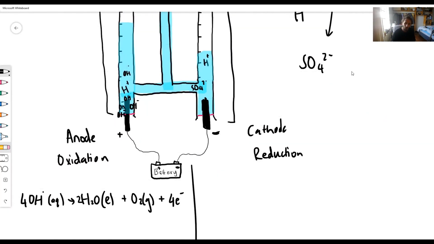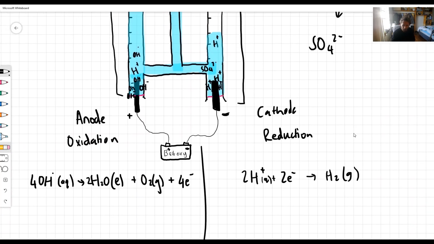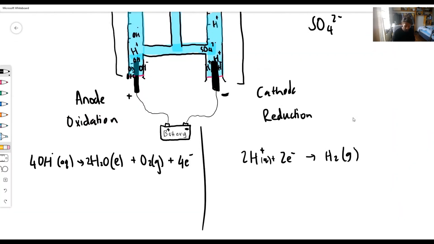So we're going to have a whole bunch of H+ ions forming over here, and we know that 2 H+ ions gain 2 electrons, and we form H2 gas. Remember to put aqueous, I always forget that. Okay, H2 gas.